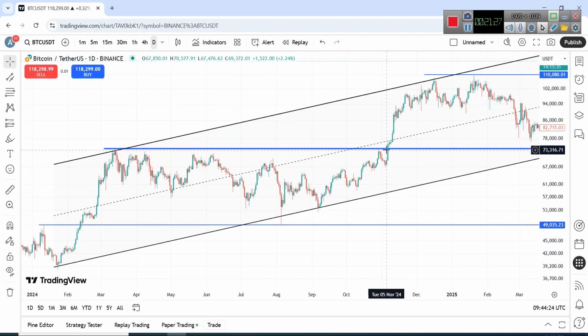For example, right here, you have 3 kind of strong candles right after breaking it. But right here you see it is only a shadow, so it's not fully broken.